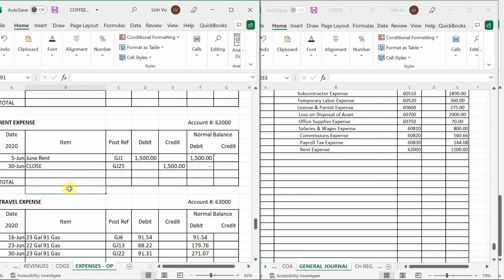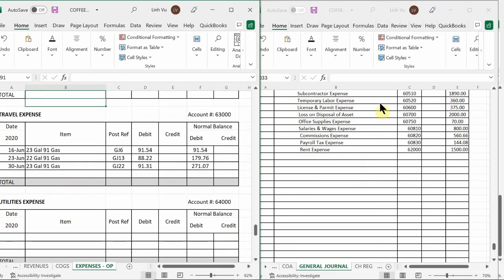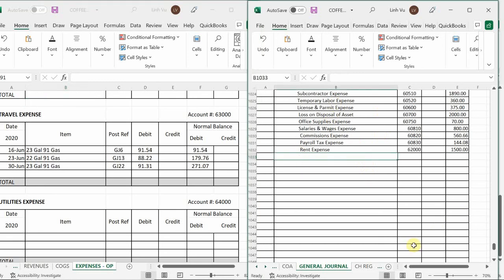Okay. I have some travel expenses for a grand total of $271.07.